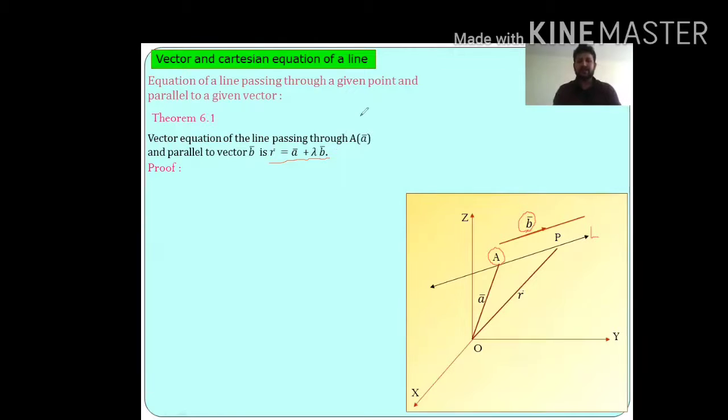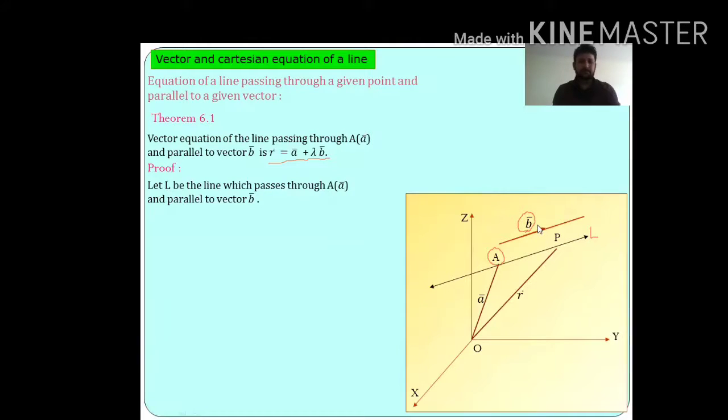As per the explanation, let L be the line. That line passes through point A with position vector A bar and is parallel to vector B bar. And P with position vector R bar is taken as any point on line L. Observe diagrammatically that vector AP bar is parallel to vector B bar.